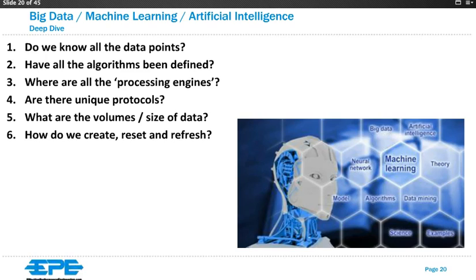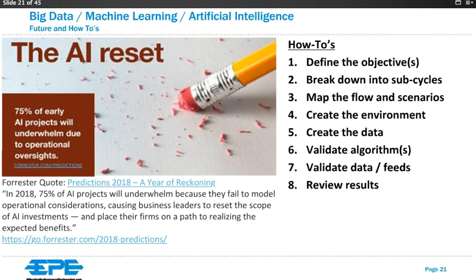How do you create multiple environments? How do you create multiple data sets? How can you quickly create, reset, and refresh these data sets, which may be quite significant in size as well as in complexity? So a lot to think about there, but again, a bit of a deep dive, a bit of the key questions that you should be considering around these three components.